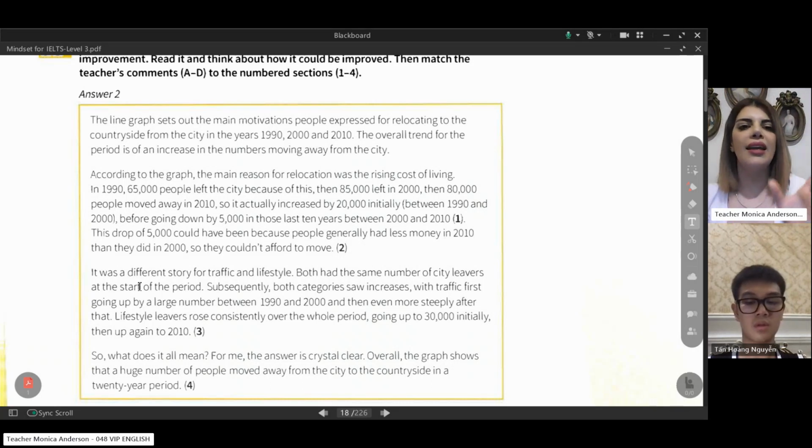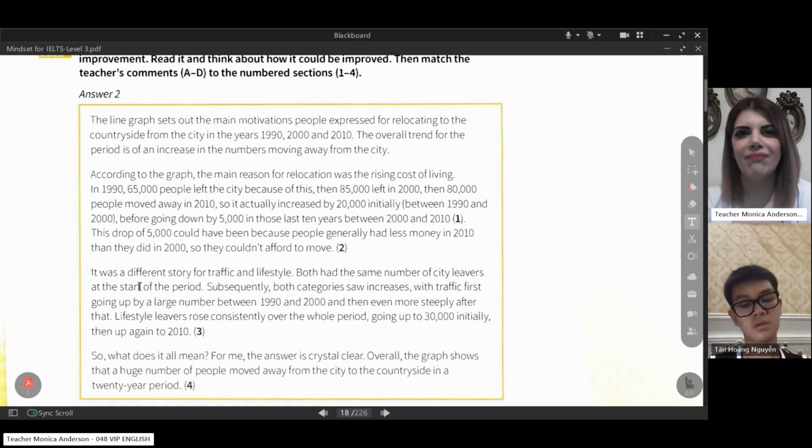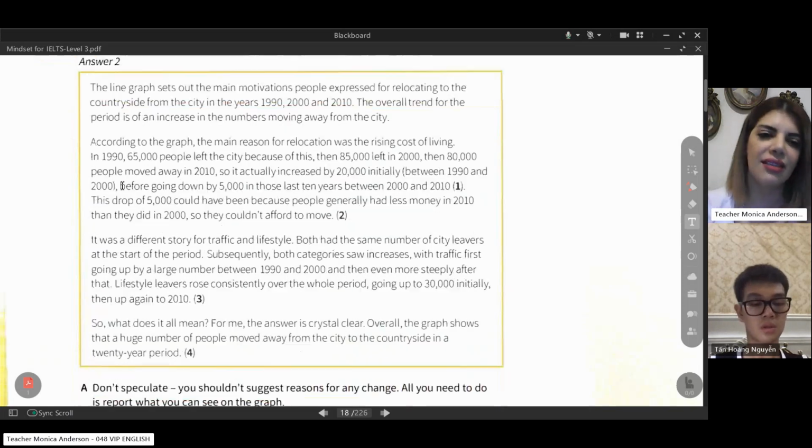It's something like following a structure and giving some numbers, some statistics. So it's not good. Of course, we can say it's not bad, but not good.